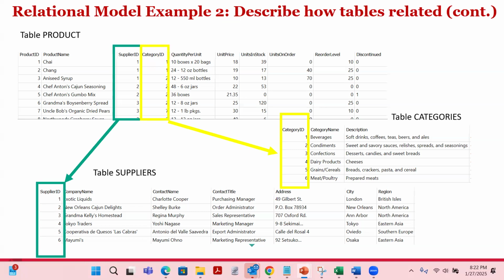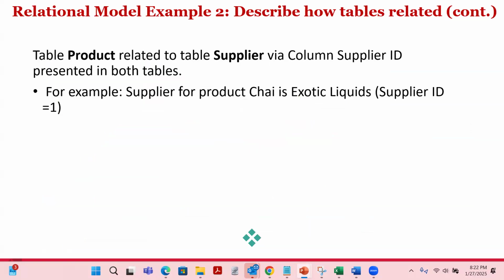Again, try this example yourself. You will have a very similar example in your homework one, so that is going to prepare you for homework one. Right. So here's a word explanation of how the tables are related together.